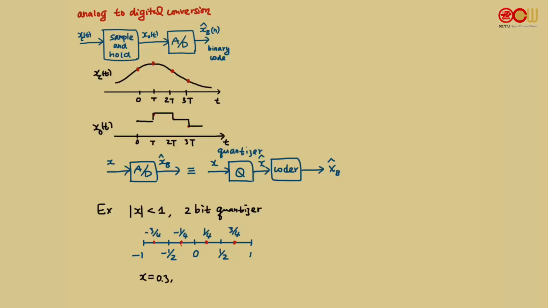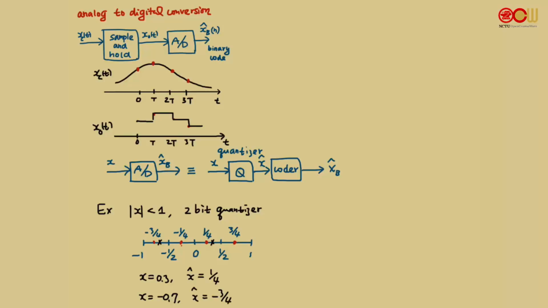It falls slightly above 1/4, so it's right here, and it's quantized to 1/4. As another example, x is equal to -0.7. It will fall into this cell here, so it's quantized to this value.